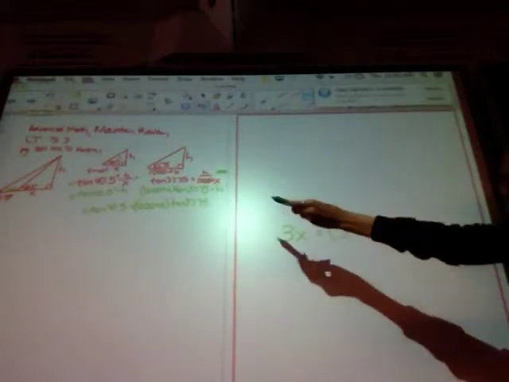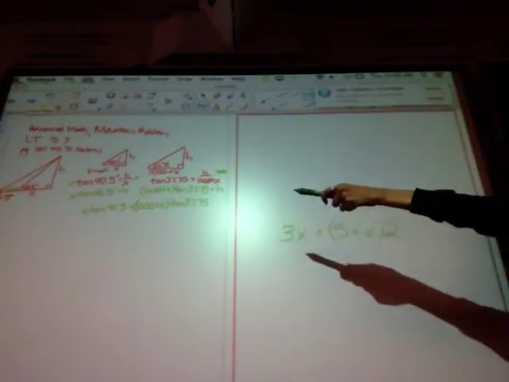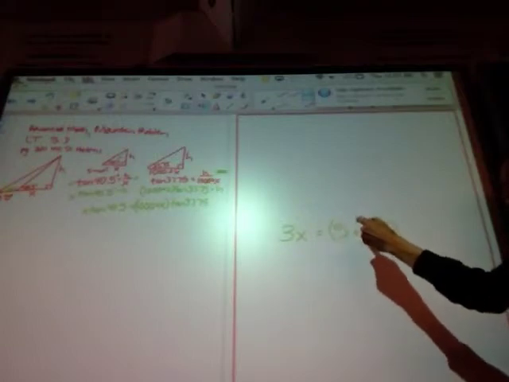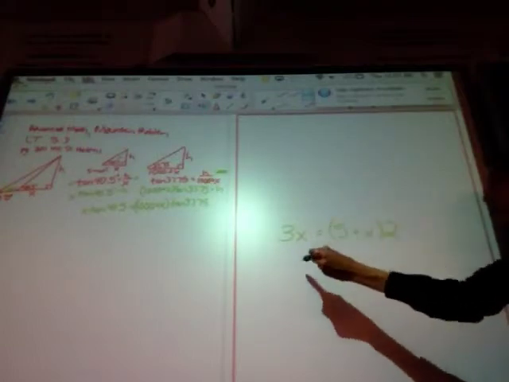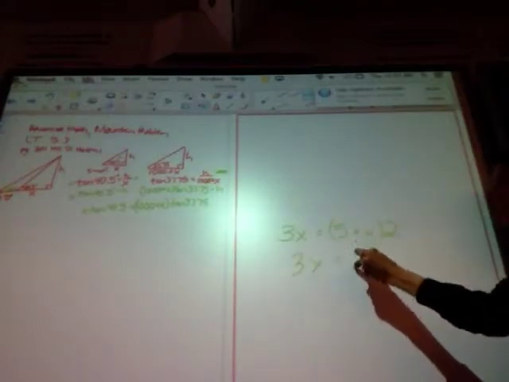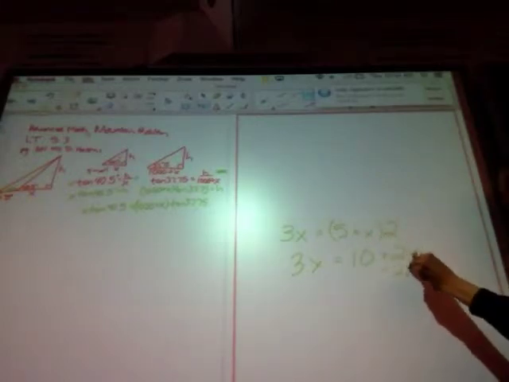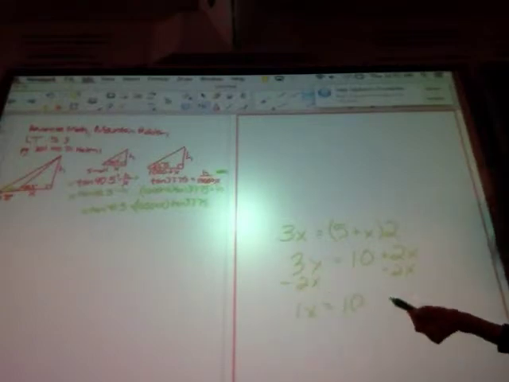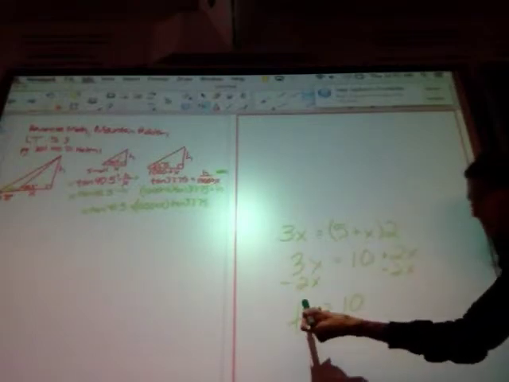Distribute. Okay, so do you see how I'm just replacing the funny looking tangent with numbers? Yeah. Okay, so distribute. Subtract 2x. Subtract 2x. Divide by 1.